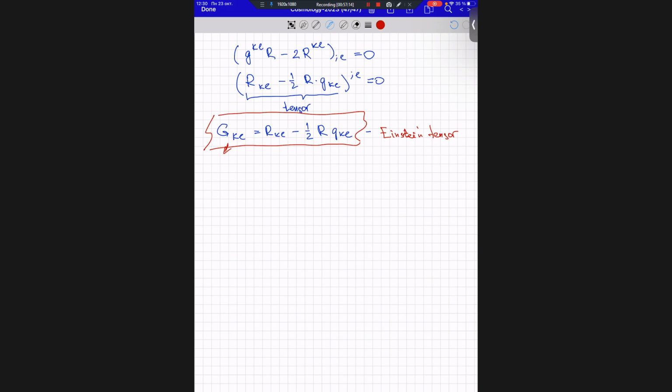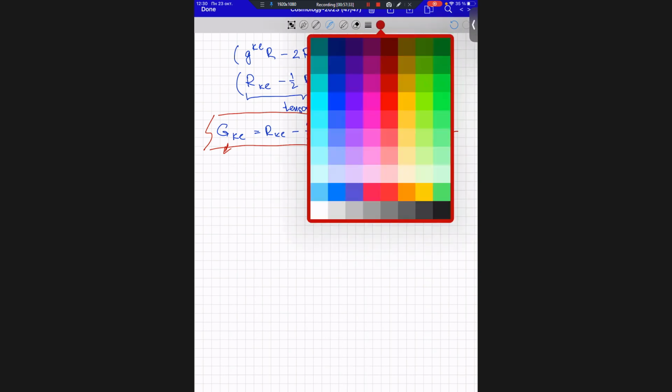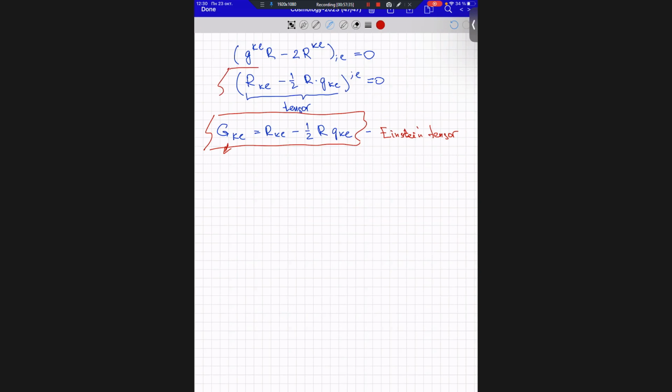But of course, Einstein knew mathematics very well, because using tensor analysis was really new mathematics at that time. But in any case, this identity, the second Bianchi identity, he didn't know.